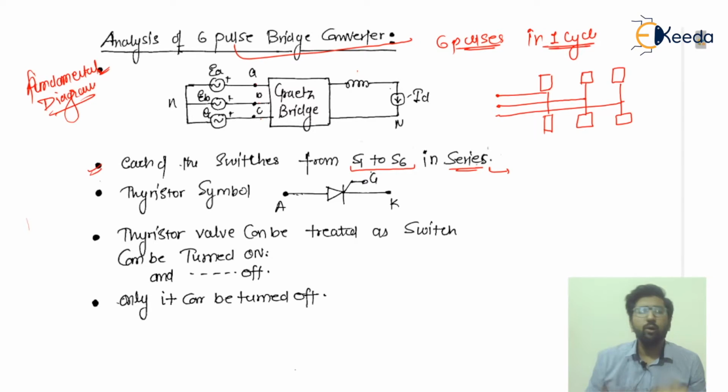Because according to the voltage rating, we are combining these switches from S1 to S6. The upper portion contains the odd number switches, and the lower portion contains the even number switches, and at a time only 2 switches will conduct, one from the upper and one from the lower portion.